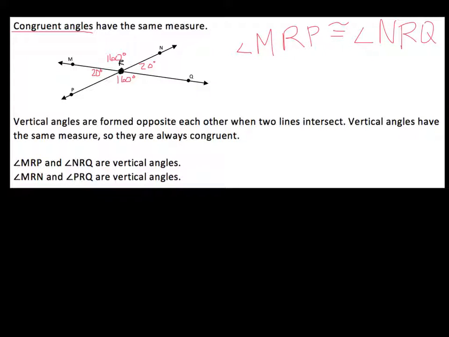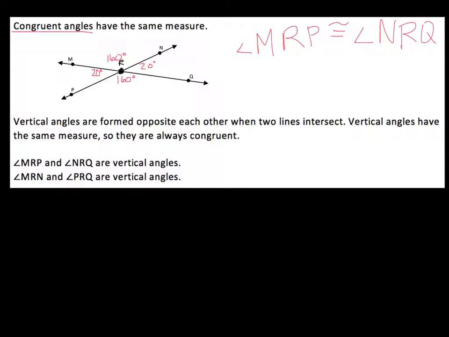They are exactly the same measure, okay? And notice how when I write my angles down, I start on the outside, go into the middle, and then go back out to the outside. That is something that we need to start practicing when we're writing the angles. So that's pretty easy. Any angles that have the same measure, we call them congruent.